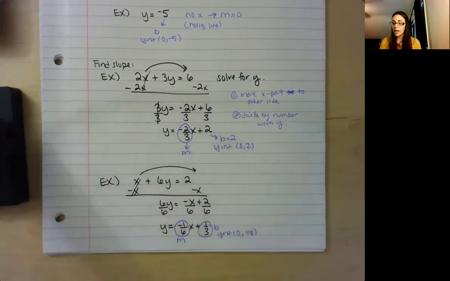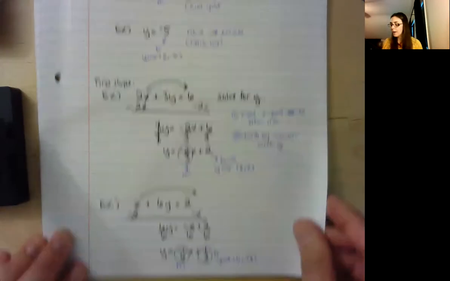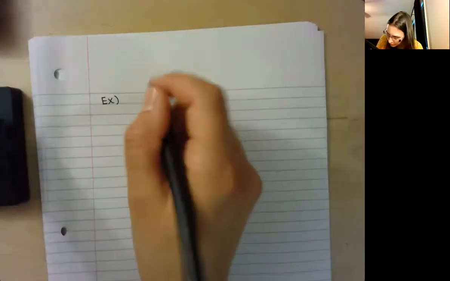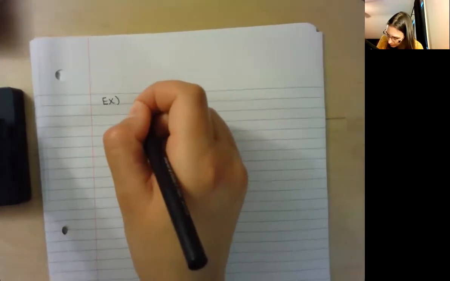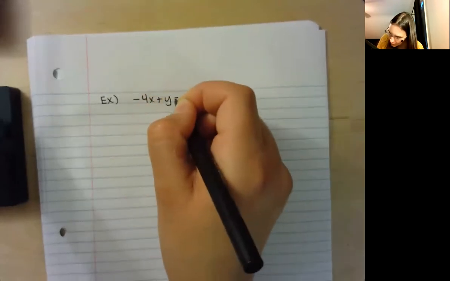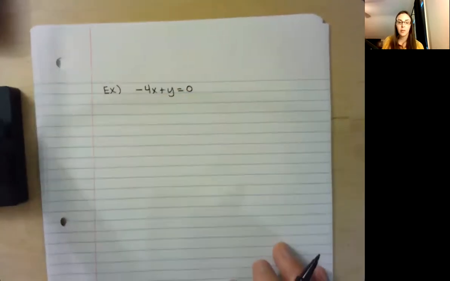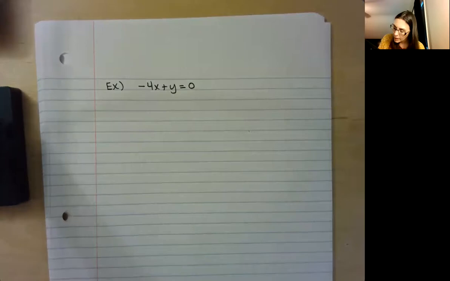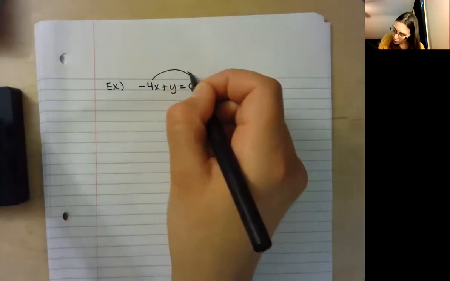There are lots of different style problems that we could do here. I'll just do one more. Maybe I have negative 4x plus y equals 0. I can still start by bringing that 4x over. This time, because it's negative, I'm going to add it to both sides.